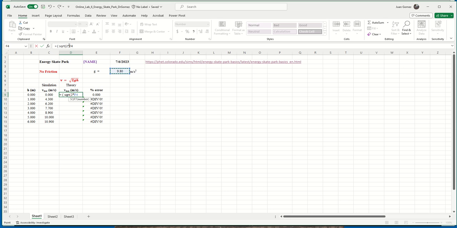Just to be on the safe side, remember I want the dollar signs. I want $F$4. Because again, that 9.80, that's the numerical value of g in MKS units, in meters per second squared. That value never changes, and it's always in cell F4. So $F$4 means, hey, don't change that cell reference.